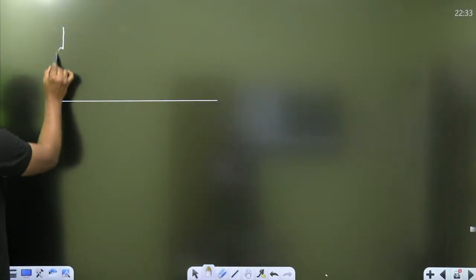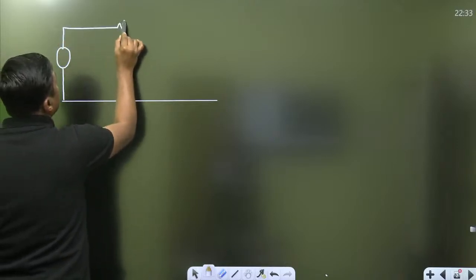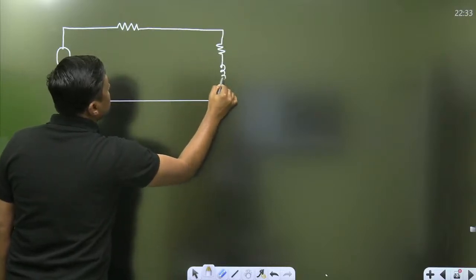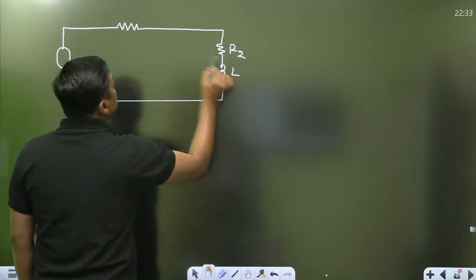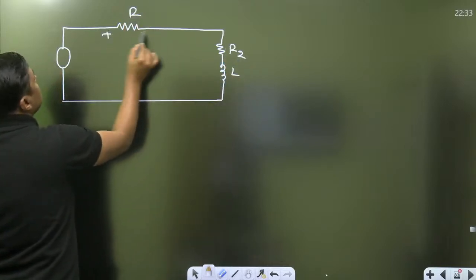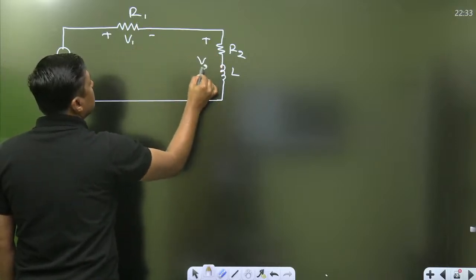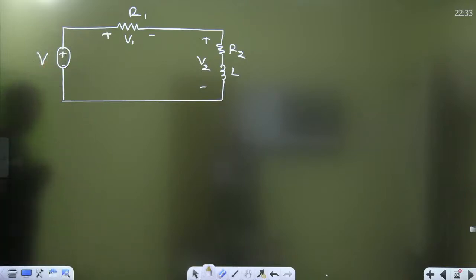If this is given, I think that is the resistor and inductor. This is the V. Okay, now watch this.